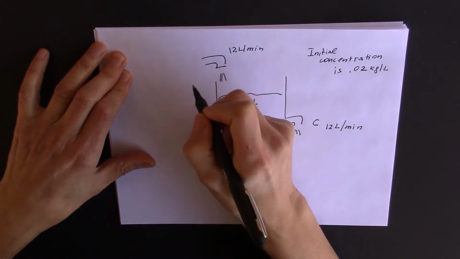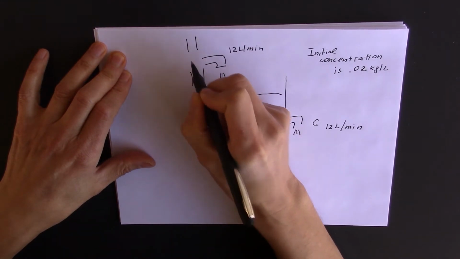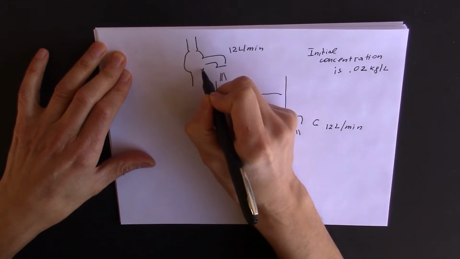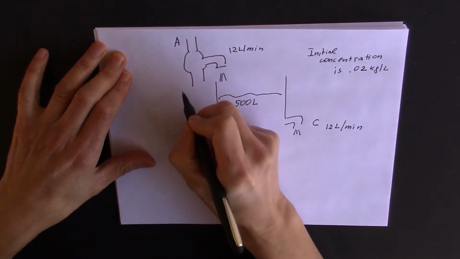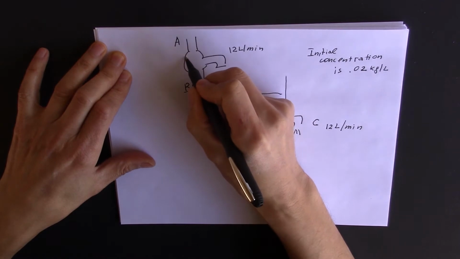When it's pouring into the tank, it can potentially come from pipe A or pipe B, and we have a switch.